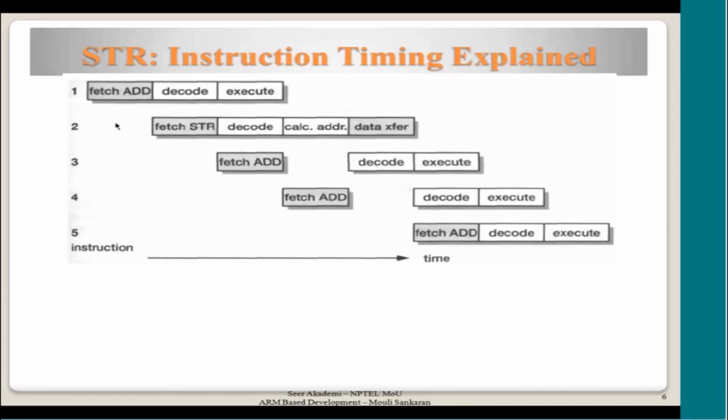So we are interested in this instruction, but it is followed by a few add instructions and it was preceded by one add instruction. Now I want you to think about how much time each stage takes when multiple instructions are in different stages.